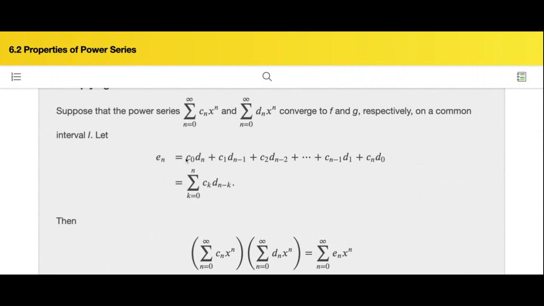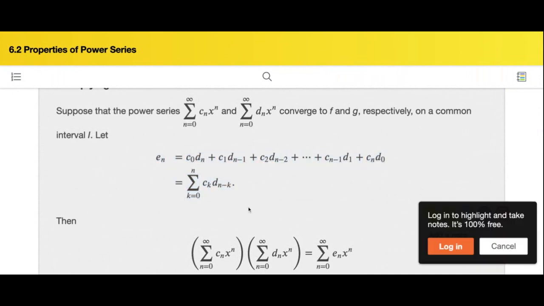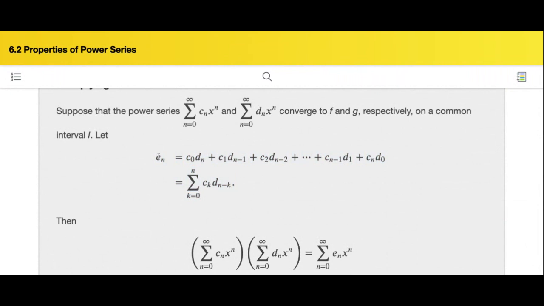This is seeing the pattern of this. So e_n is basically the product of all the nth terms: c0, c1, c2, up to cn, multiplied by d_(n-1) down to d0. Because you see the index, all adds up to n. 0 plus n, 1 plus n minus 1 is n, 2 plus n minus 2 is n, n plus 0 is n.